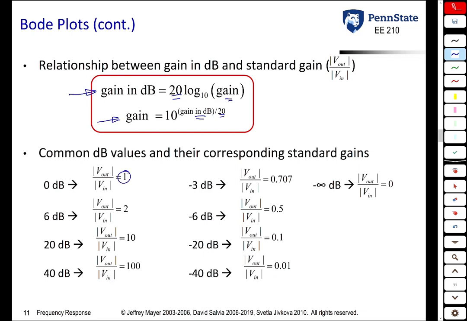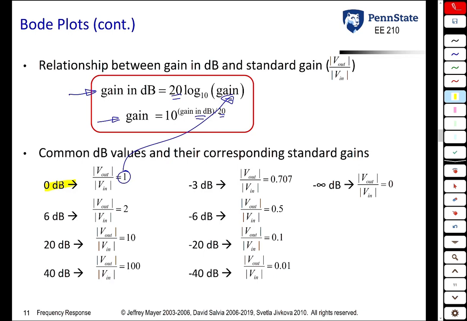So a gain of 1, which of course is no amplification or no attenuation at all, in dB, we plug this into here. The log of 1 is 0. So a gain of 1 is the same as a dB gain of 0 dB. So the first thing you need to remember is that 0 dB just means no amplification and no attenuation.